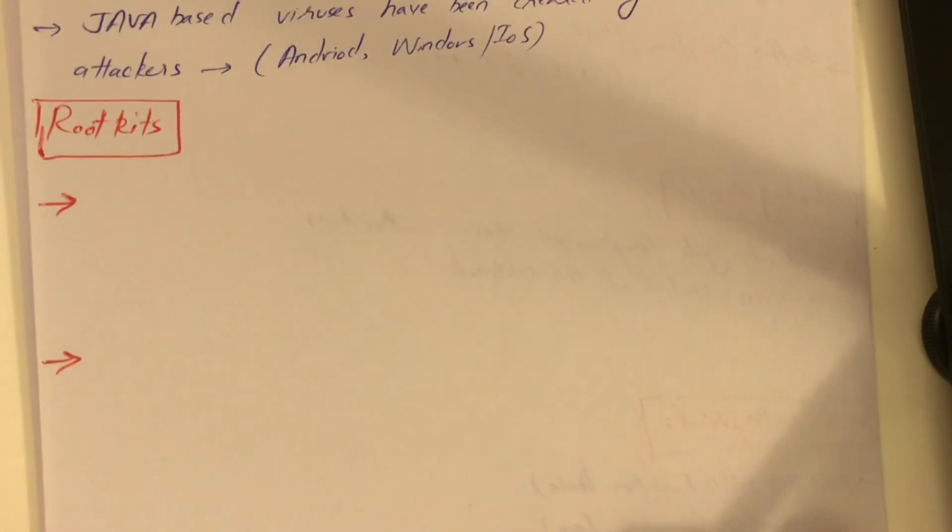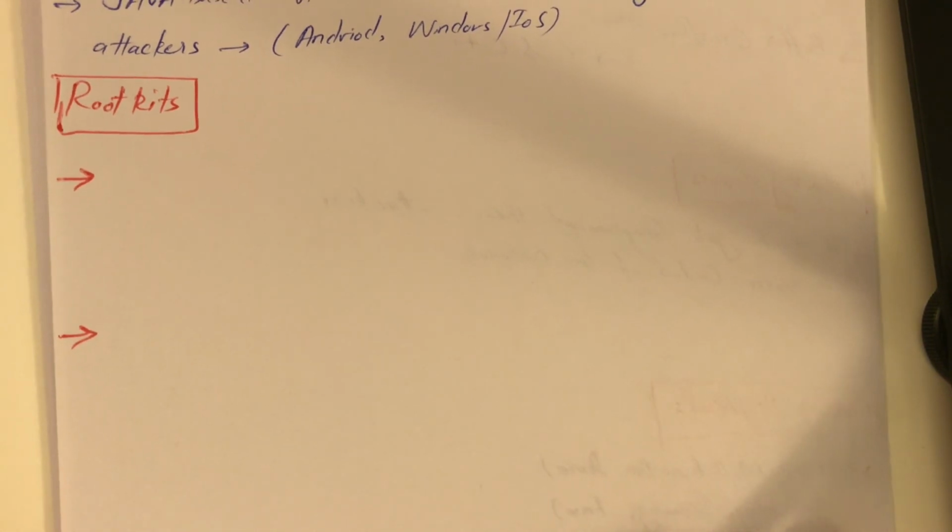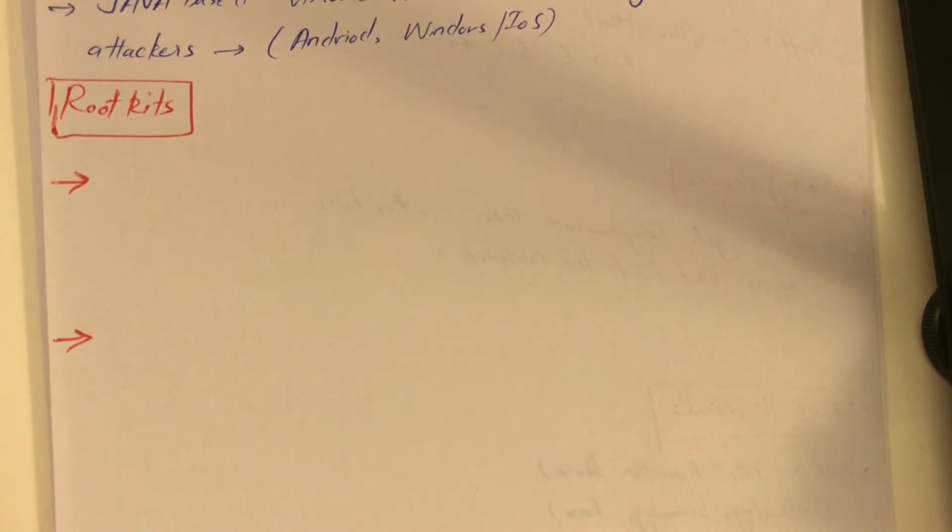We already talked about rootkits. As you know, if there is a rootkit in your computer or your device, or even in your embedded device, it is very hard to remove. Of course, we need to update the firmware. But the biggest problem of the rootkit is that it can affect your firmware. If a virus can affect your firmware, then it will be really hard to get that device fixed.